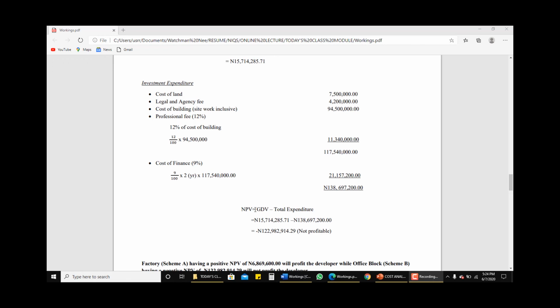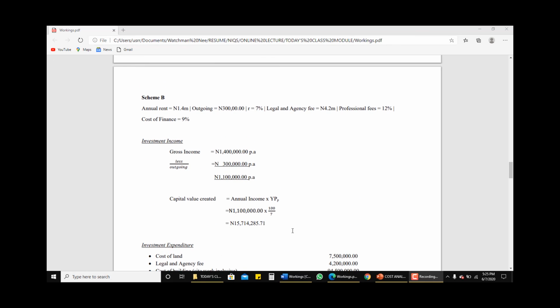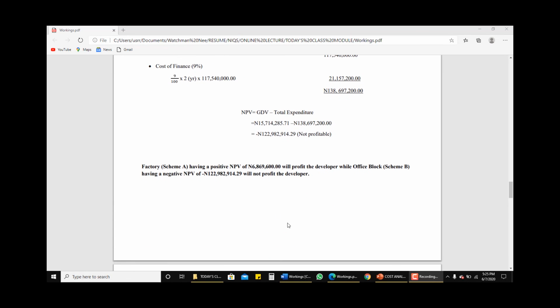And the NPV here is, like I said, GDV minus total expenditure, and here we could see that we have a negative value, which shows that our second scheme, which is our office block, is not profitable.